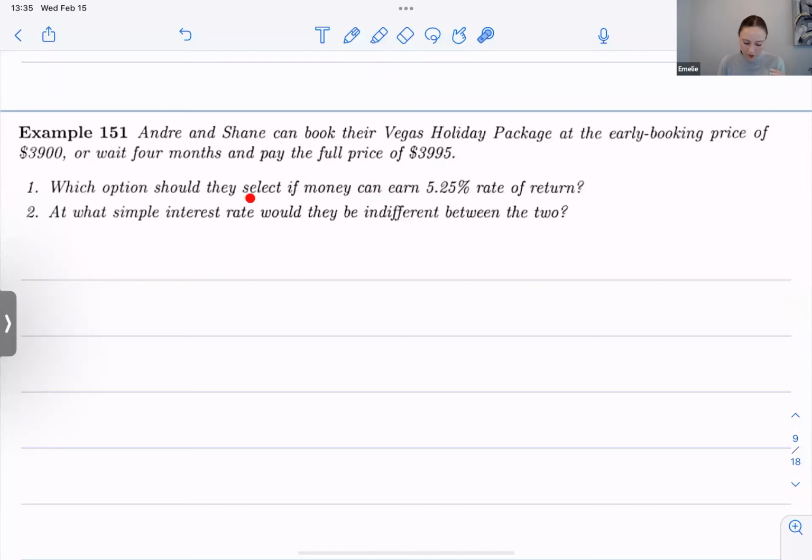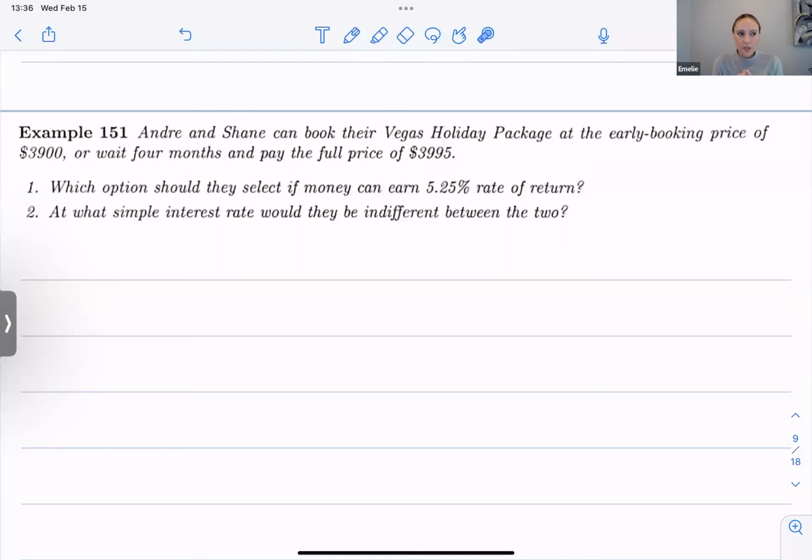Which option should they select if money can earn a 5.25% rate of return? And then the second part is, at what simple interest rate would they be indifferent between the two? So there's 2 parts, and obviously we'll work through part 1 and then move into part 2.